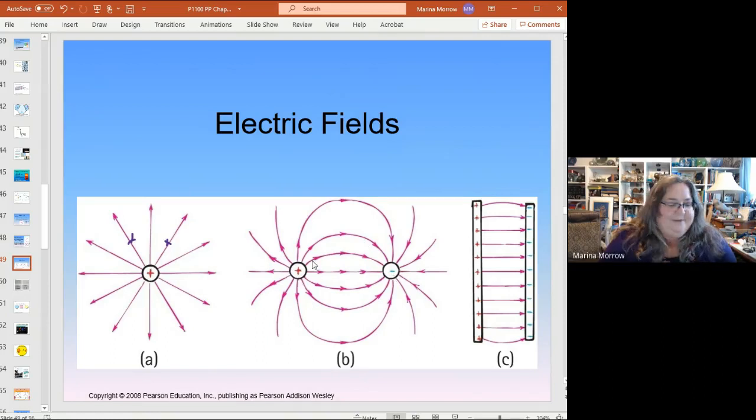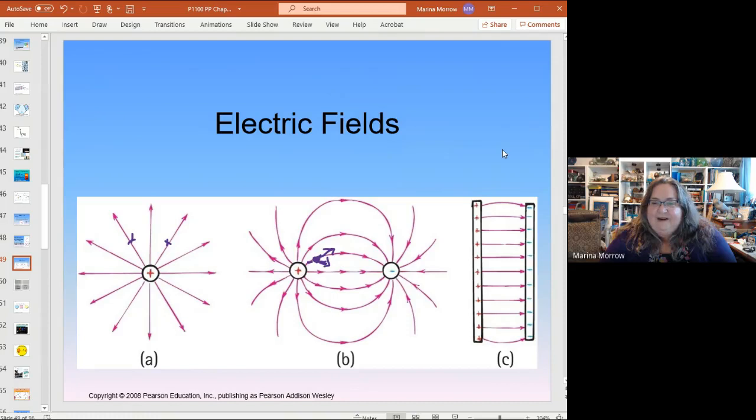So what happens is that at any point, you would have a force from both the positive charge and the negative charge. So your test positive charge would be repelled away from your positive charge, but it will be attracted to the negative charge. So those two forces being added up give you that curved shape of the electric field.